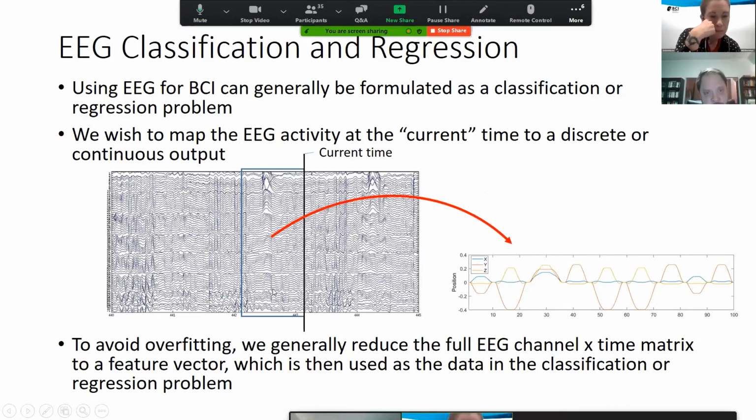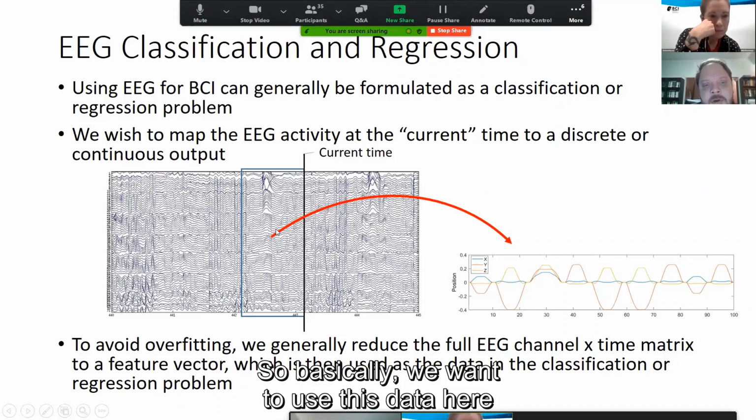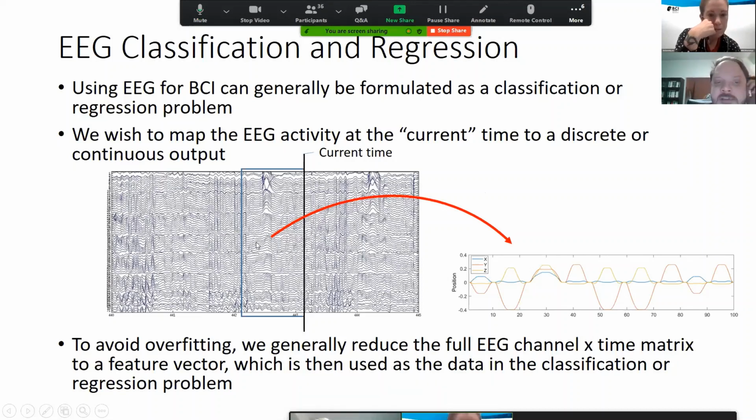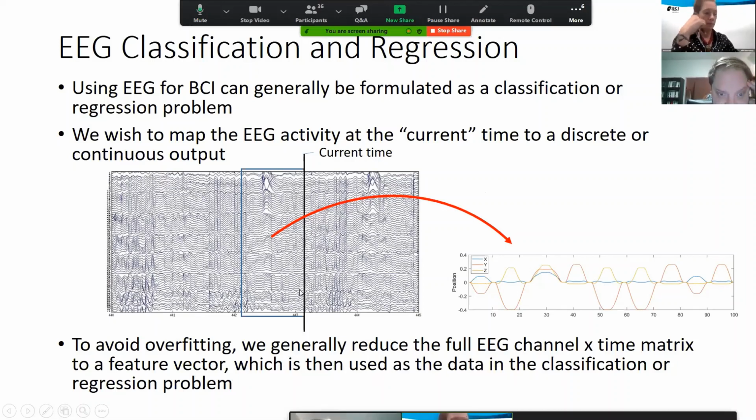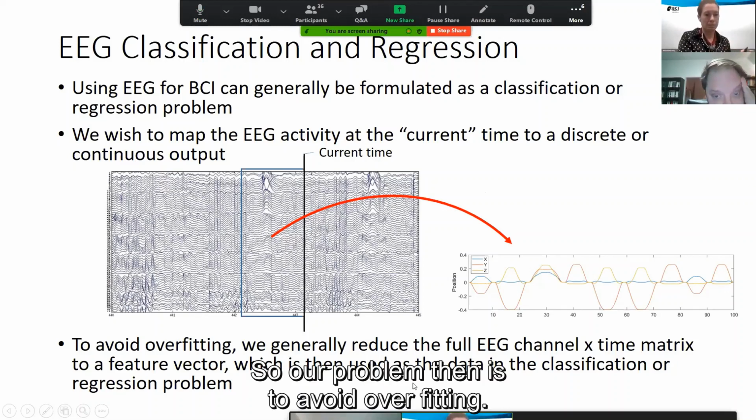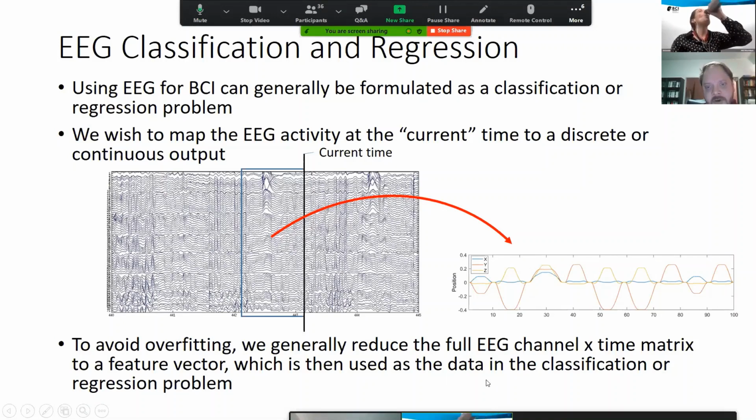Basically, we want to use this data as the input to a classification or regression problem. So our problem then is to avoid overfitting.